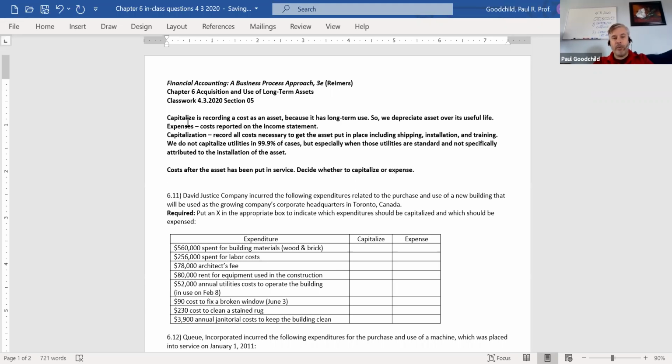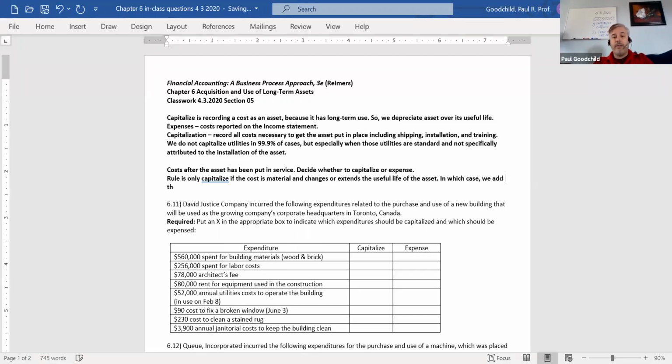And typically the rule is only capitalize if the cost is material and changes or extends the useful life of the asset, in which case we add those costs to the historical cost.